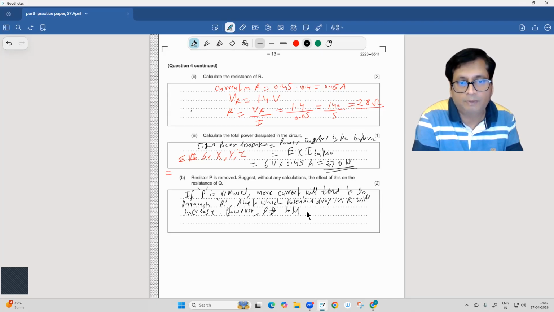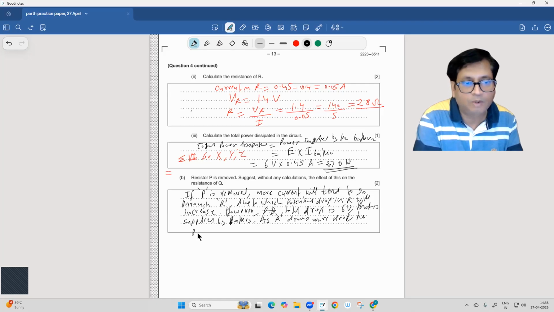Our total potential drop is 6 volt. That is supplied by battery. As R draws more drop, the potential drop across Q will fall.